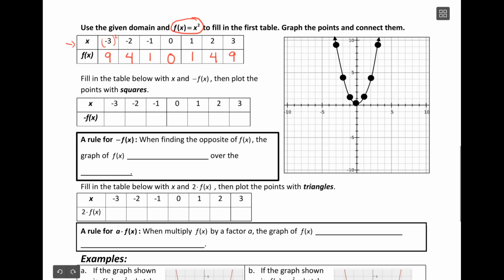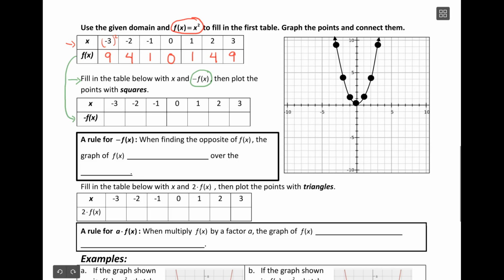All right, so let's take a look at this one. Fill in the table below with x and the opposite or negative f of x. So basically what we're saying is take all of these values from above and we're going to just make them the opposite sign that we see.